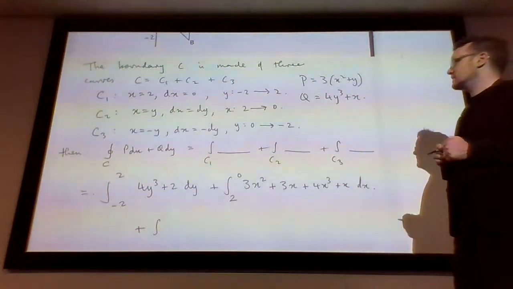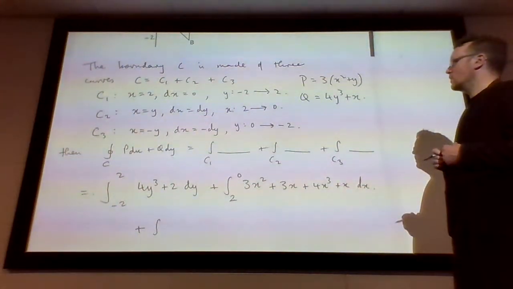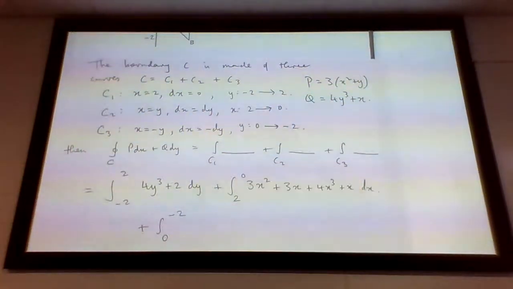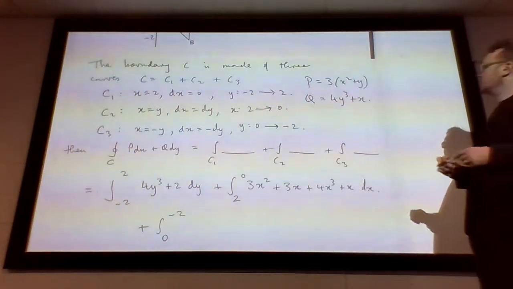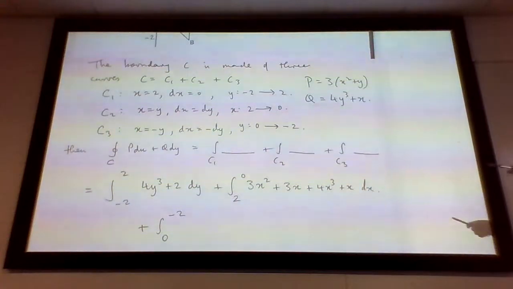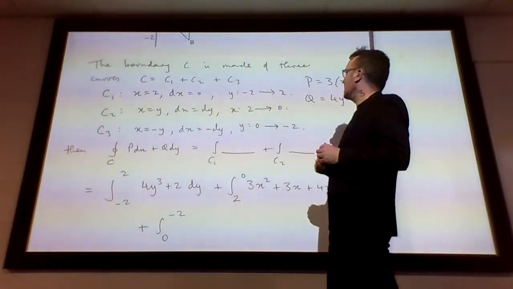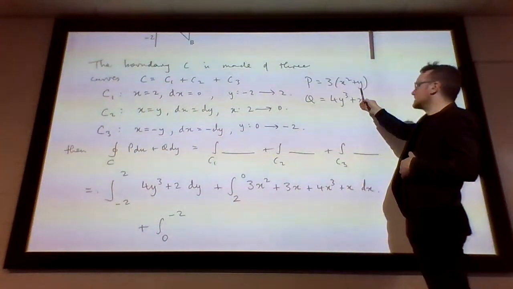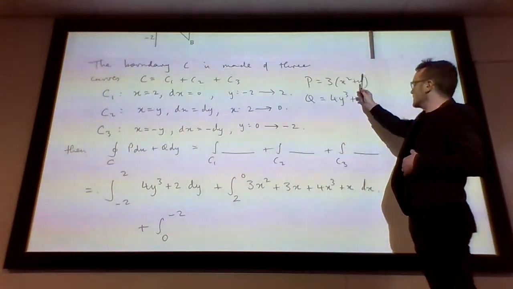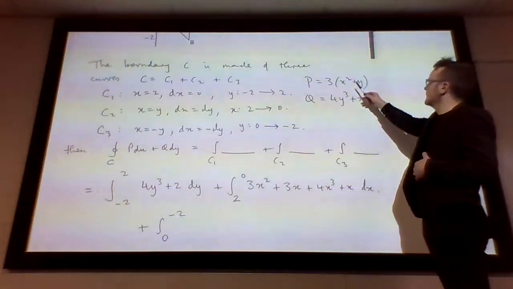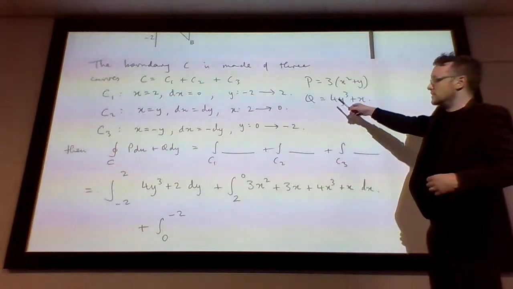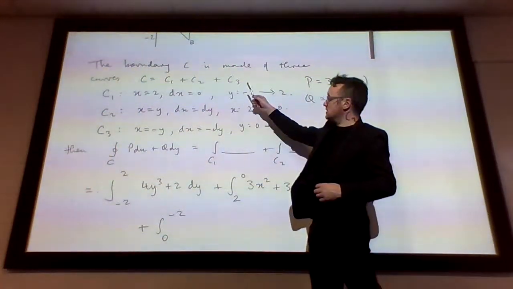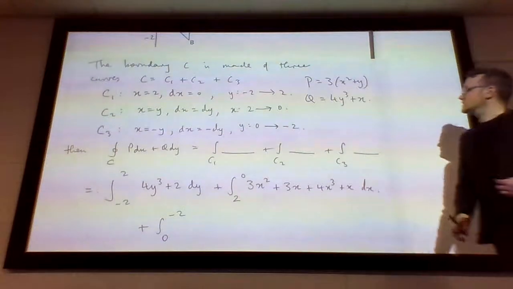The integral on C3, well, on C3, x is equal to minus y. So let's turn everything into y, let's say. So integrating y from 0 down to -2. So it's P dx, but dx becomes a minus dy. So I'm going to reverse this sign. X becomes minus y, so this is y squared plus y. Y squared plus y multiplied by 3, but I should multiply it by a minus sign because the P is multiplying dx, and dx is minus dy.